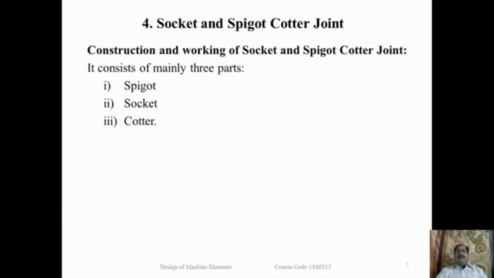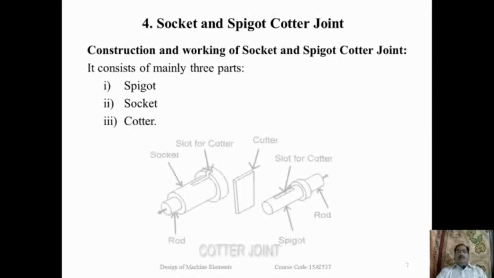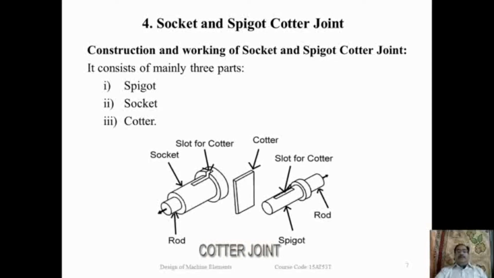One is a spigot, second is a socket, and third is a cotter. This is the socket and this is the spigot, which are connected by a cotter. That's why this type is known as socket and spigot cotter joint.